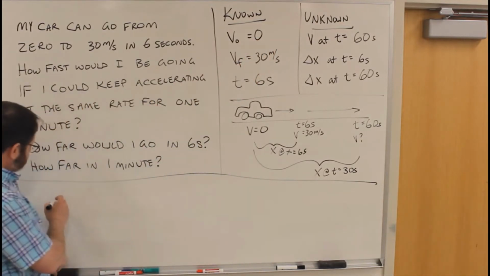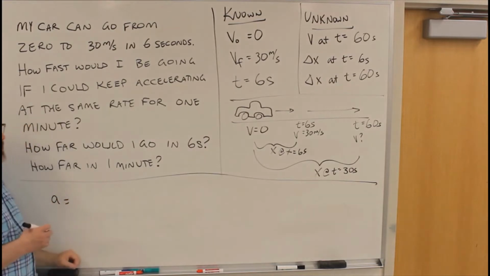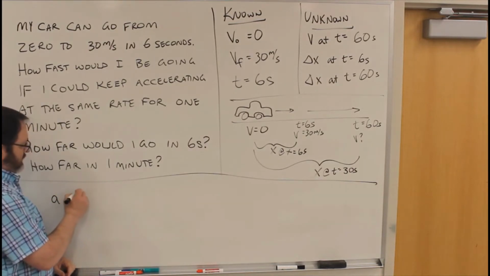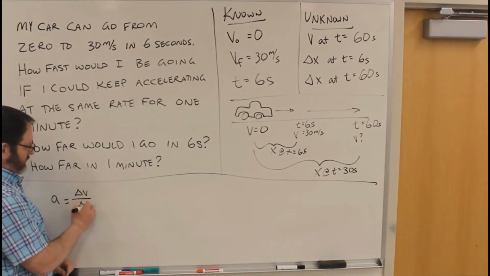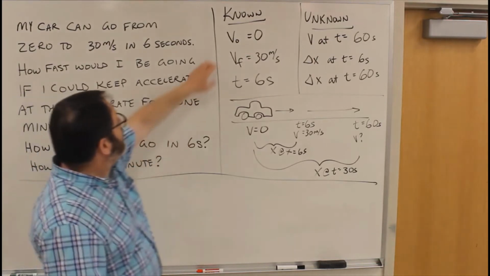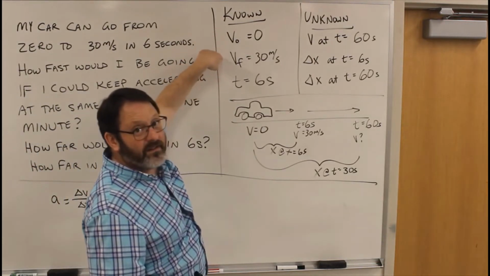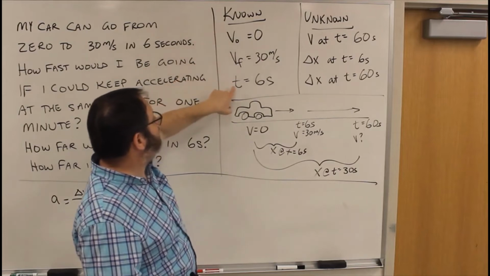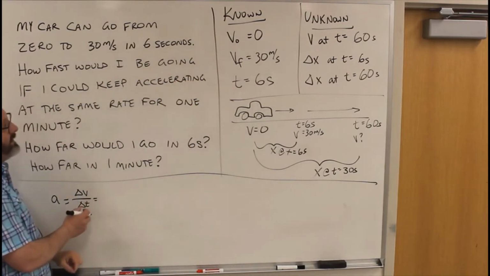So I know, let's see, acceleration is delta V over delta T. I have an initial and final V, and I have a T. So I can figure that out easily.